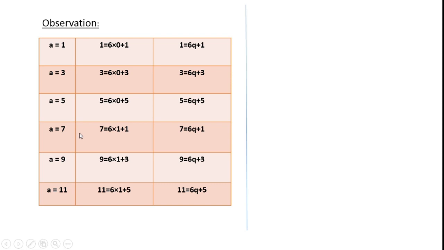a equal 7. 7 equals 6 into 1 plus 1, so 7 equals 6q plus 1. a equal 9. 9 equals 6 into 1 plus 3. Then a equal 11. 11 equals 6 into 1 plus 5, so 11 equals 6q plus 5. From all of these, what can we understand?